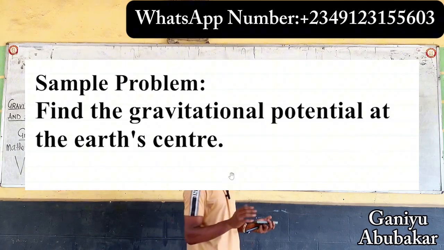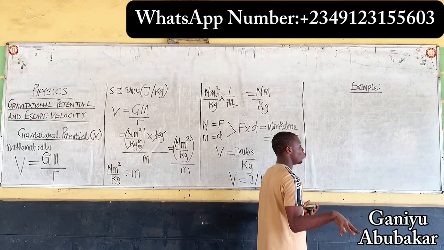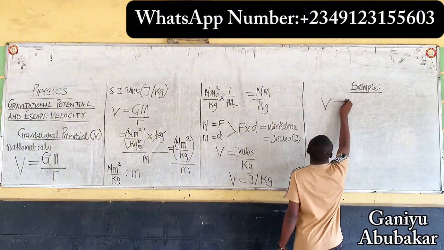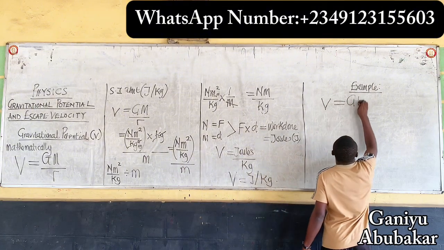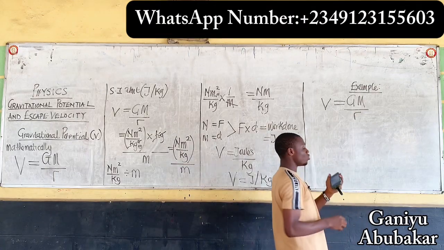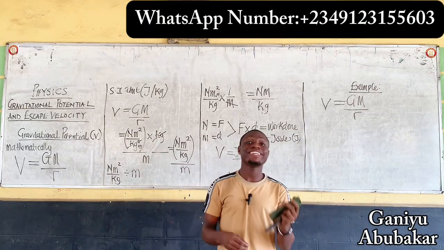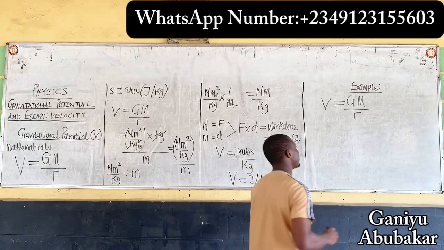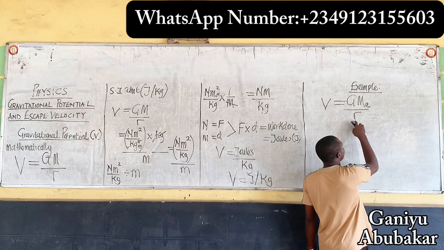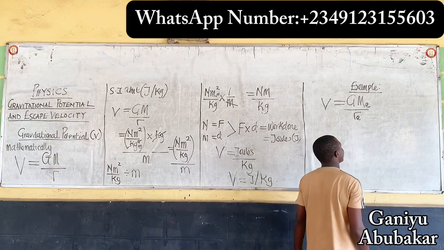What we know is that gravitational potential V is equal to GM over R. By the wording, find the gravitational potential at the Earth's center, it means my mass here becomes the mass of Earth and my R becomes the radius of Earth.